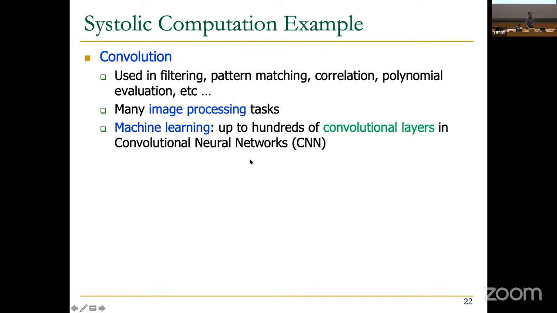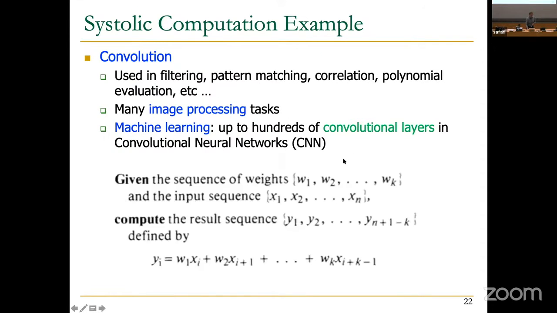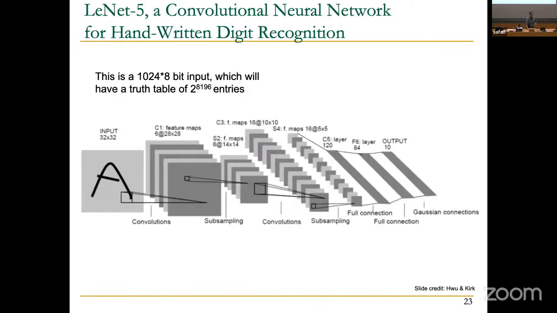Modern machine learning actually has up to hundreds of convolution layers in convolutional neural networks. So this is the convolution operation: given a sequence of weights and this input sequence, you compute the result sequence as defined by this equation. It's basically, you multiply the weights by the input in a particular way, okay? Again, it's not that important exactly how it's done. It's going to be defined if you get exposed to it, but this is very useful.